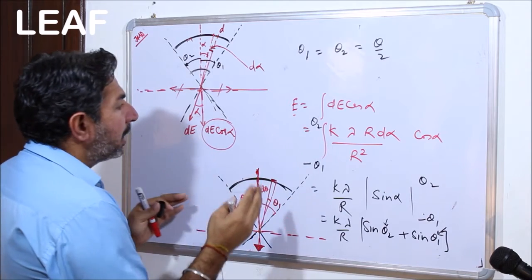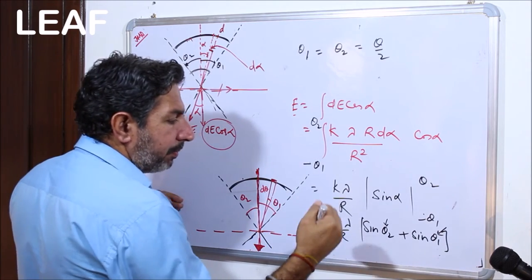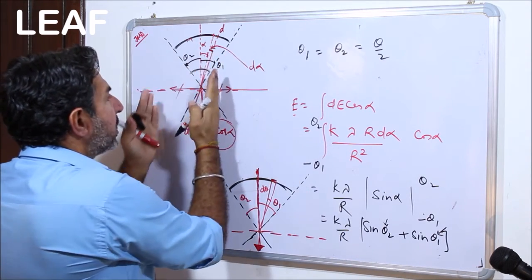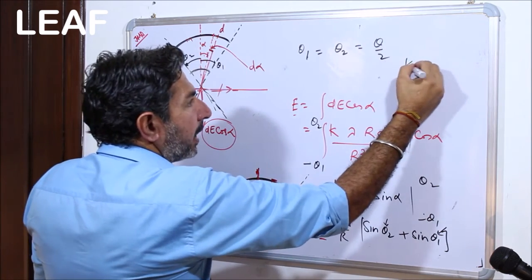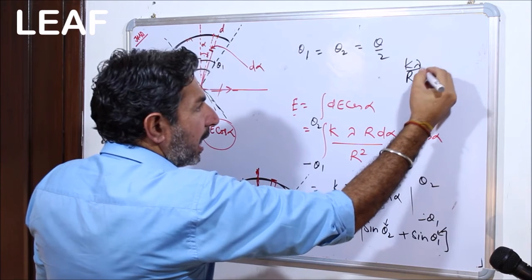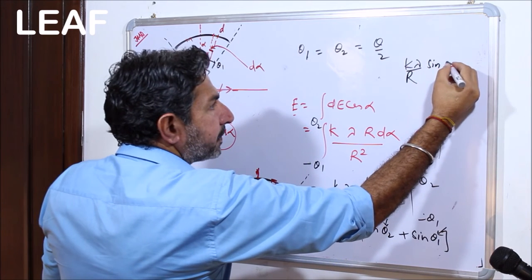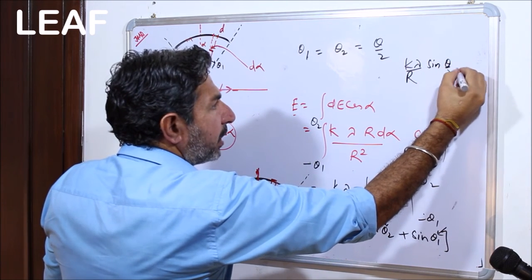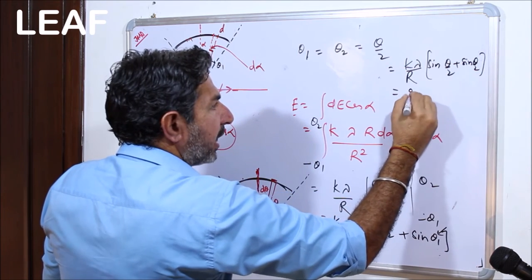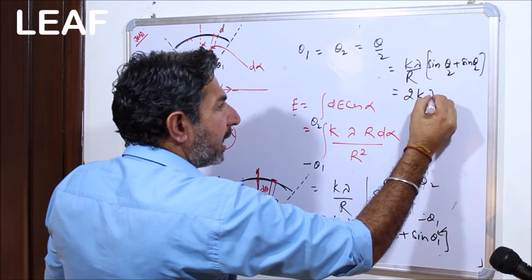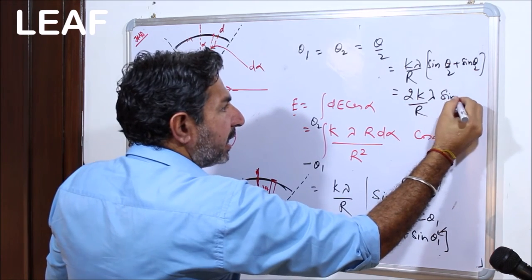And in particular, if you take the arc to be, say, 90 degrees, so it is minus 45 to 45. k lambda by R, sin theta by 2 plus sin theta by 2. So I can replace it by 2k lambda by R sin theta by 2.